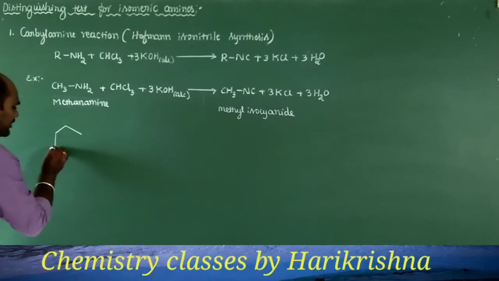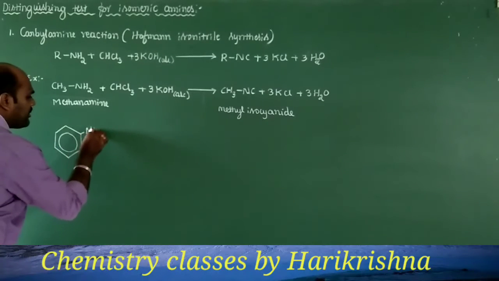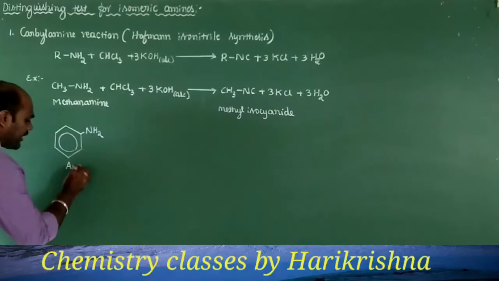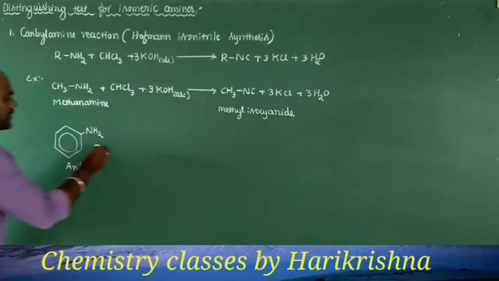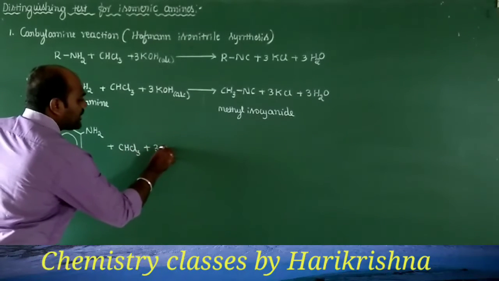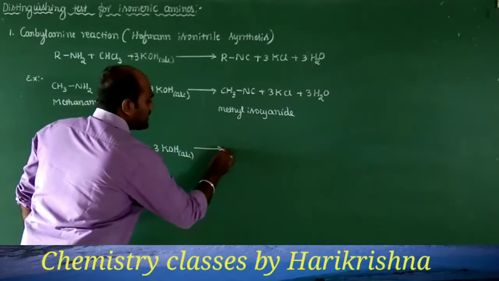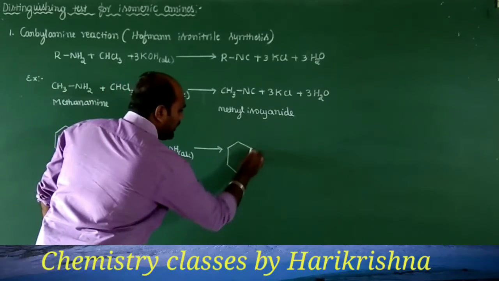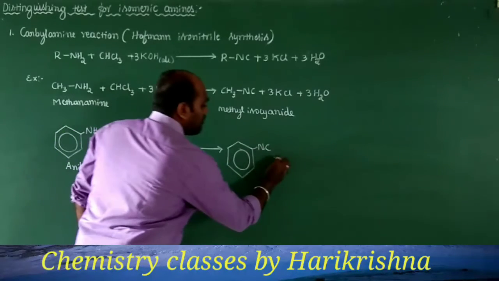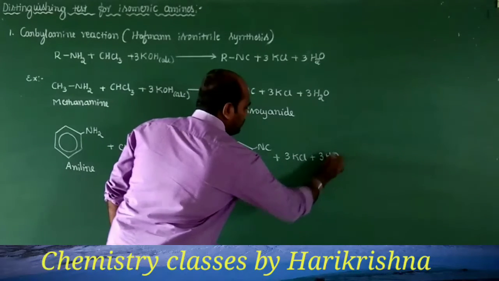Similarly, we shall go with the aromatic primary amine. The very best example for an aromatic primary amine is benzenamine, which is commonly called aniline. Aniline, on reaction with chloroform, CHCl3, by consuming 3 moles of alcoholic potassium hydroxide, results in the formation of the corresponding isocyanide, C6H5NC, plus 3 moles of KCl plus 3 moles of water.